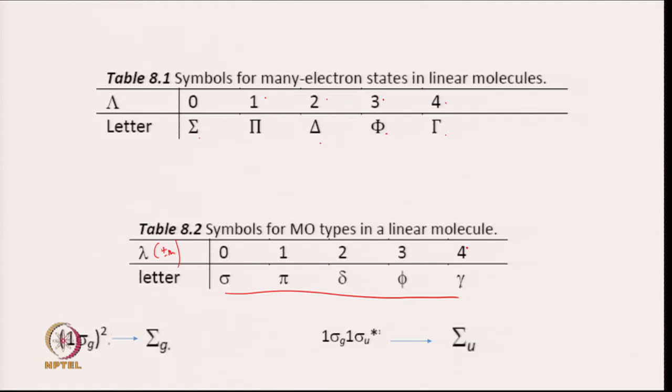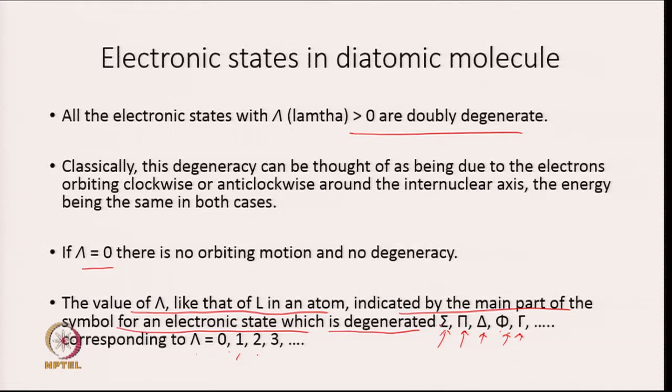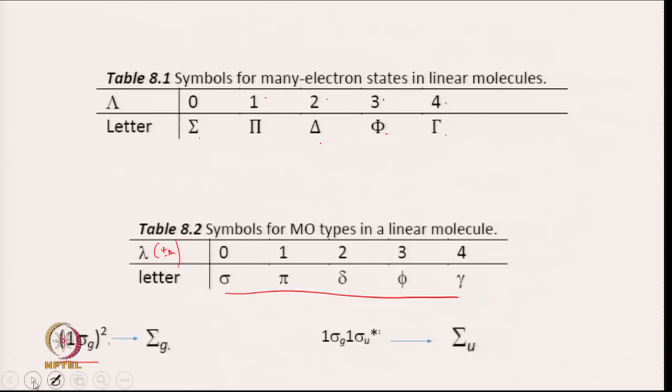So, for example, if we are dealing with 1 sigma g 2, which is basically the ground state of the H2 molecule, there are 2 electrons in sigma, so lambda will be equal to 0, and 0 corresponds to a sigma state, and that is what we are writing as sigma. g multiplied by g gives g, and so it will have g symmetry.